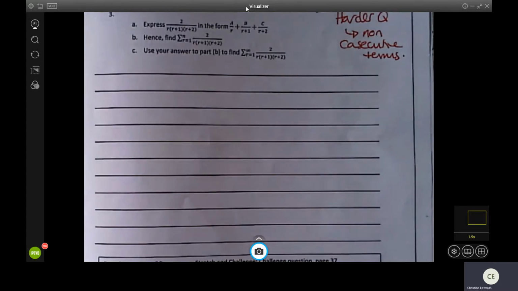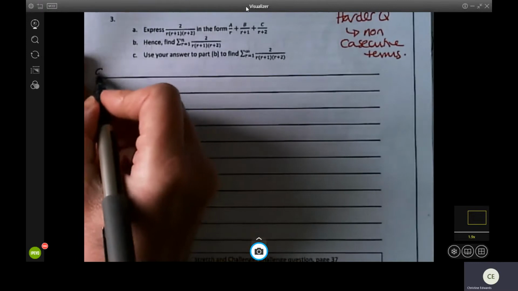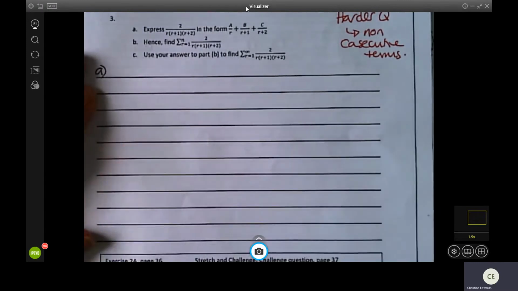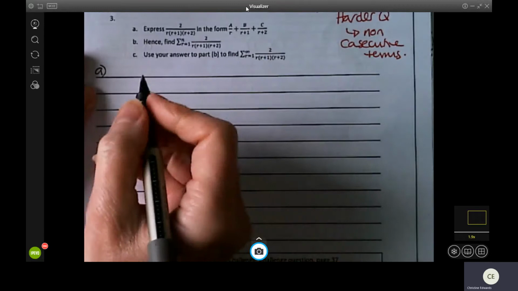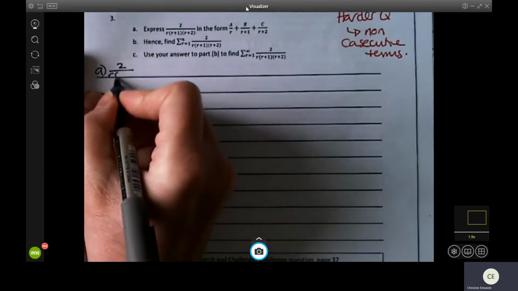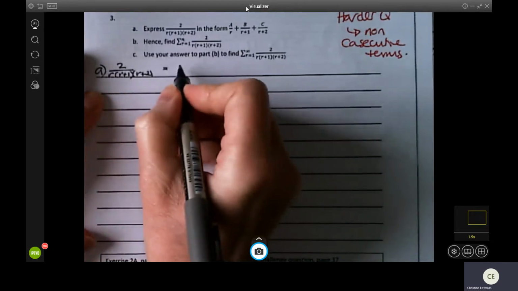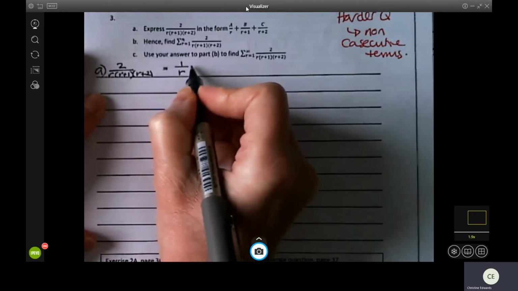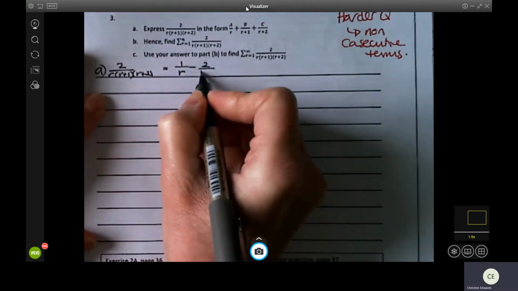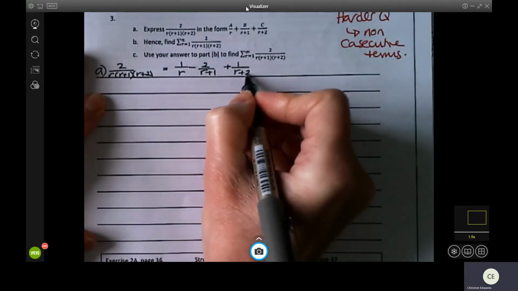Now, part A is partial fractions, but I am just going to give you the result on that because I want you to focus on the part B and then the part C. So for part A, we get the result that 2 over r plus 1, r plus 2 is equal to 1 over r minus 2 over r plus 1 plus 1 over r plus 2.